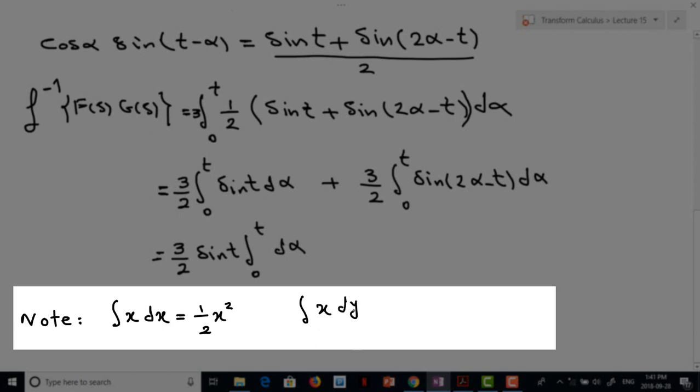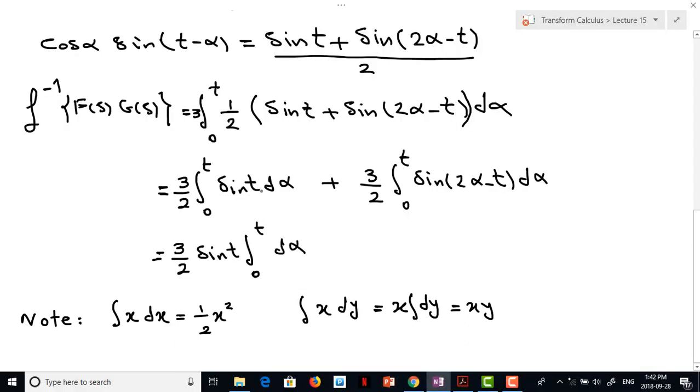So the variable of integration is y, but the function is not a function of y. As a result, I can say x is a constant. I can bring it out of the integral. So you have x integral dy. So it's equal to xy. It's just a note to see why I could bring sine t out, because sine t is not a function of alpha, but the variable of integration is alpha.